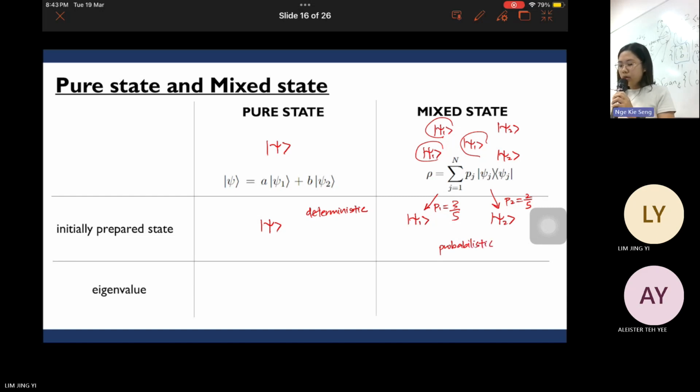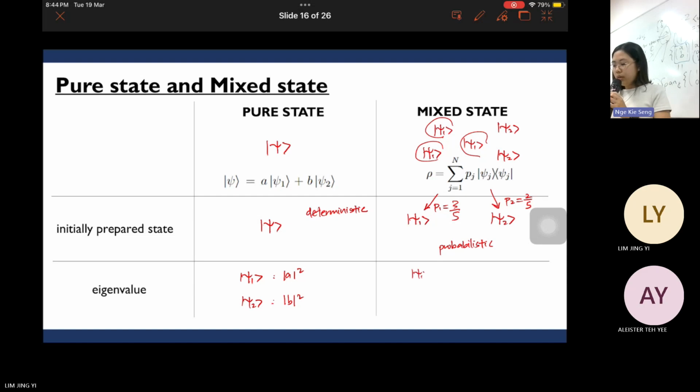And how about the eigenvalue? After you have performed the measurement on the initial state, you find that it is probabilistic to determine the eigenvalue for the pure state. For example, if I want to find the probability of finding the state in the eigenstate psi1, it will be the absolute square of a, from the Born rule. The same goes for psi2, the absolute square of b. And for the eigenvalue, once you have determined which state you are performing the measurement on, the eigenvalue will be deterministic.